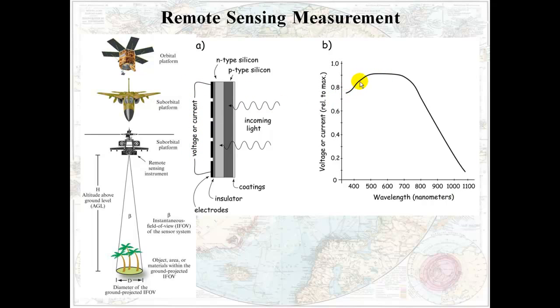Depending upon how much energy of these wavelengths hits this sensor, the voltage will go up or down. So this piece of the sensor is specifically tuned to sense this piece of the spectrum. Okay? Different pieces of the sensor can be customized with different types of electronics to sense different portions of the spectrum, and that's how we get the information that we need to determine what it is we're looking at.